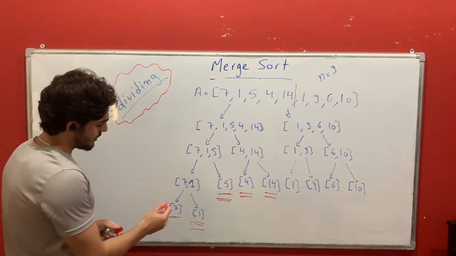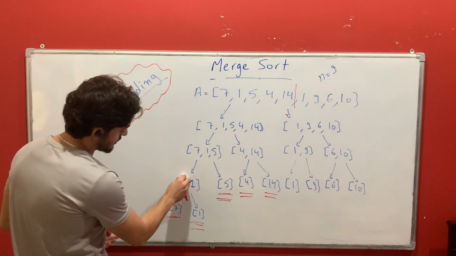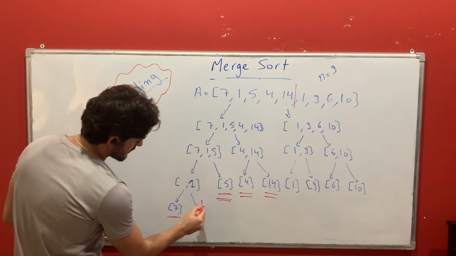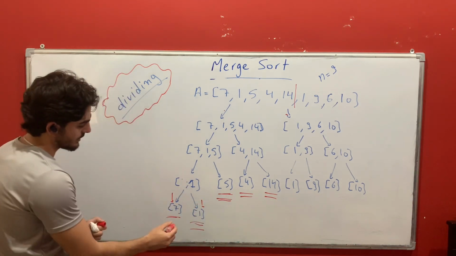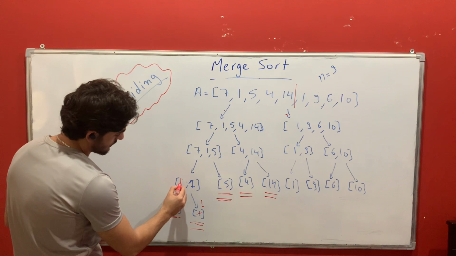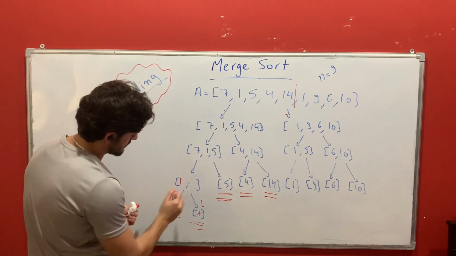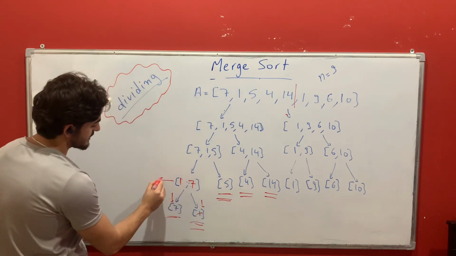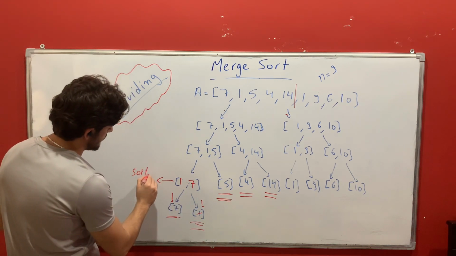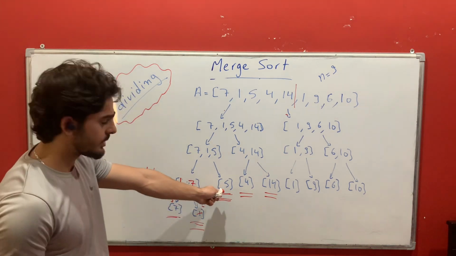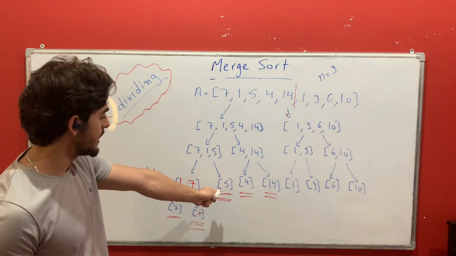Which is smaller, 1 or 7? 1. So we put 1 here. Two pointers and we utilize them. We add the rest of the elements to the array. Now this is sorted. 5 is already sorted because it's an array of one element.